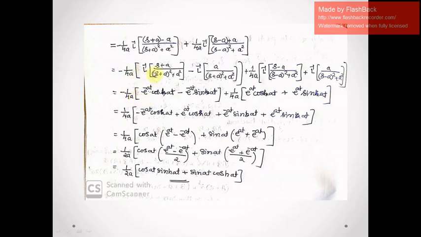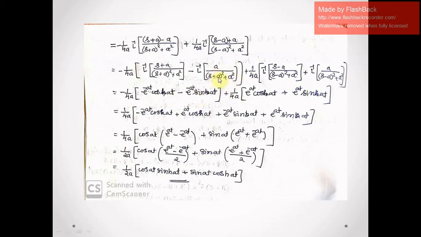Minus 1 by 4a into, now this is of the form with the shifting plus a, s by s square plus a square. So s becomes cos at, and there is a shifting of plus a, so that is e power minus at. Minus of a by s square plus a square, that is sin at.